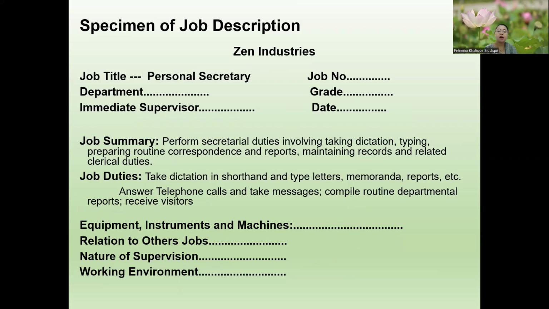The job summary describes that the job is to perform secretarial duties involving taking dictation, typing, preparing routine correspondence and reports, maintaining records, and related clerical duties. Job duties are to take dictation in shorthand and type letters, memoranda, reports, etc., answer telephone calls and take messages, compile routine departmental reports, and receive visitors. So all these things are mentioned in the job description, as you can see on this slide.